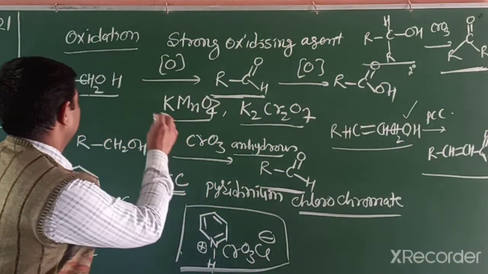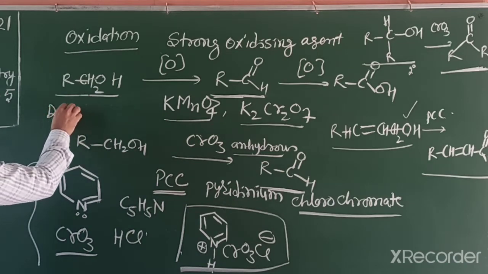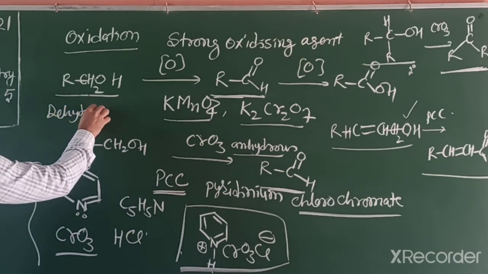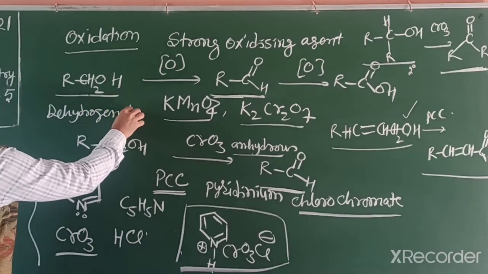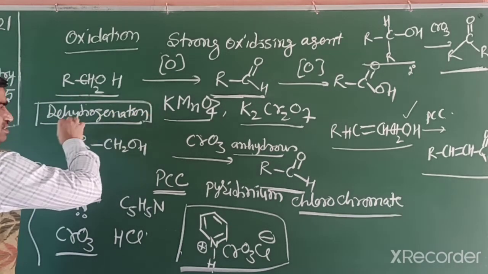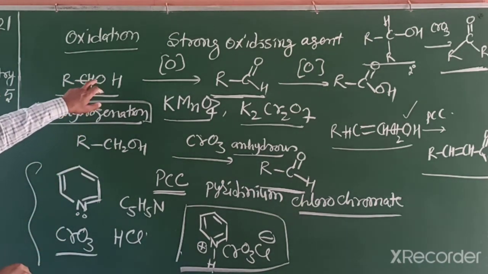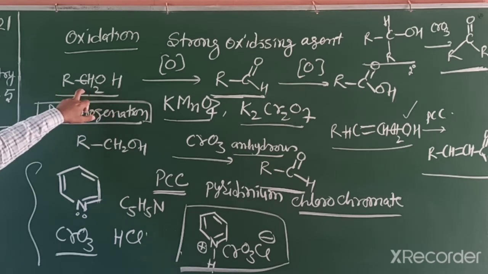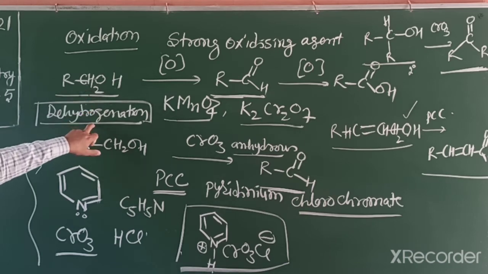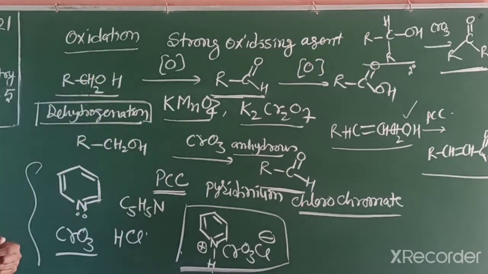Sometimes this reaction is also known as dehydrogenation. It means in this reaction ultimately hydrogen is removed, released. In this reaction, the O-H and C-H bonds are broken, so this reaction is also called dehydrogenation, because hydrogen is removed.